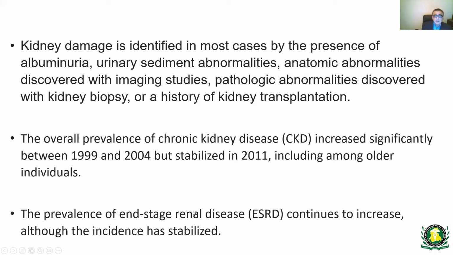The incidence of end stage renal disease has stabilized, but the prevalence of ESRD has increased. One reason could be that we are doing such a good job keeping dialysis patients alive with the new sophisticated dialysis machines.